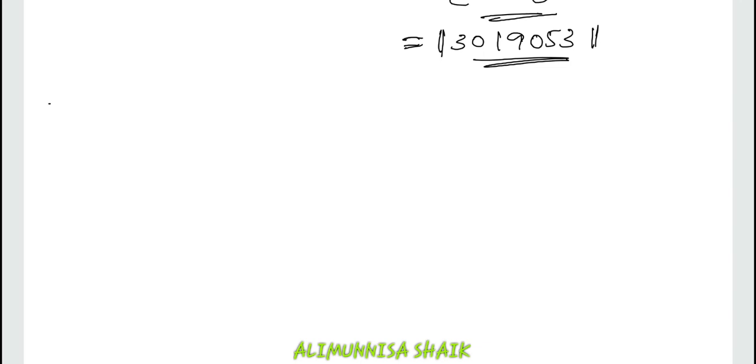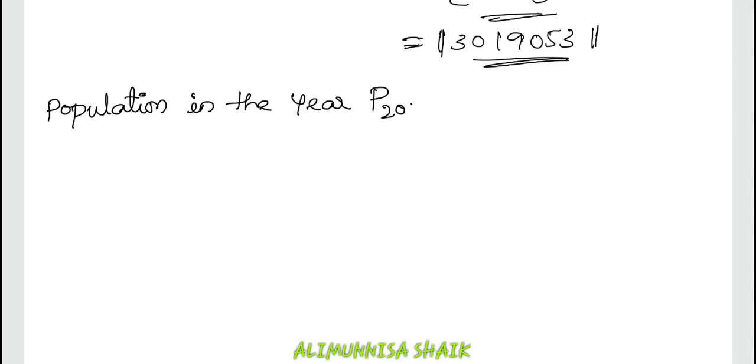Now let us repeat the same process for the year 2031. Let us write it as population in the year 2031, that is equal to population in the year 2011, which is 2585862, plus N will be for two decades. We are calculating the value for 2 decades, the second decade.